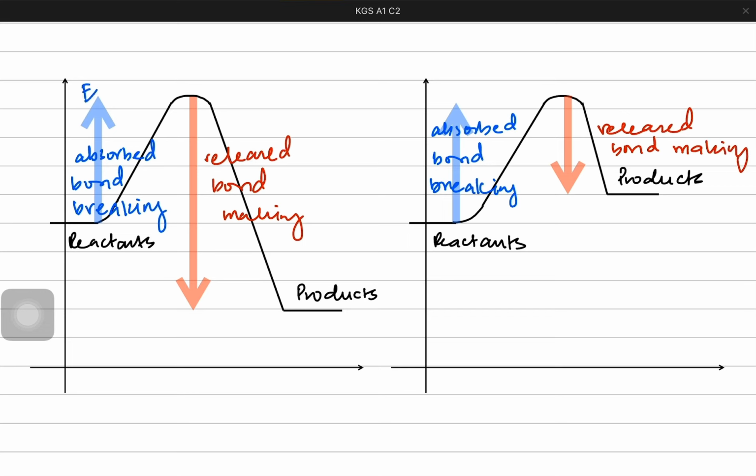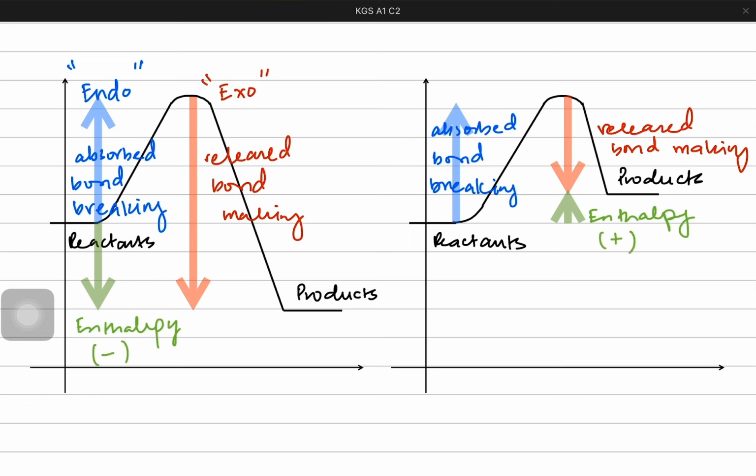bond making. Bond breaking is an endothermic process and bond making is an exothermic process, and the total values of the endothermic and the exothermic nature decides the final enthalpy. The final enthalpy could be exothermic or endothermic depending on the overall values of the bond breaking and making process.